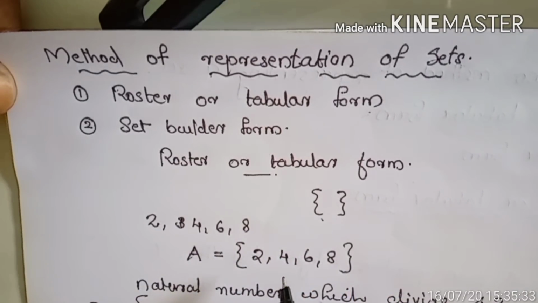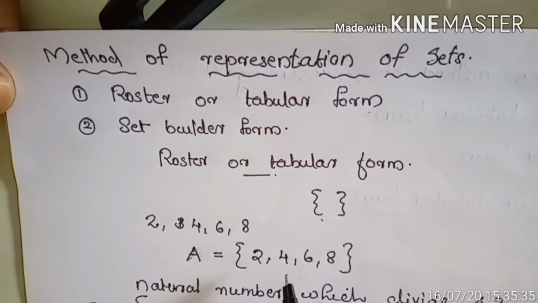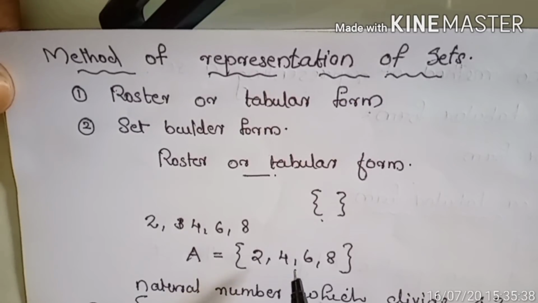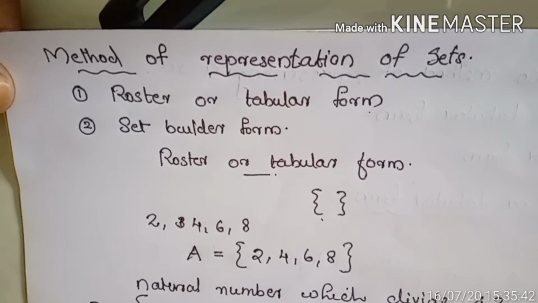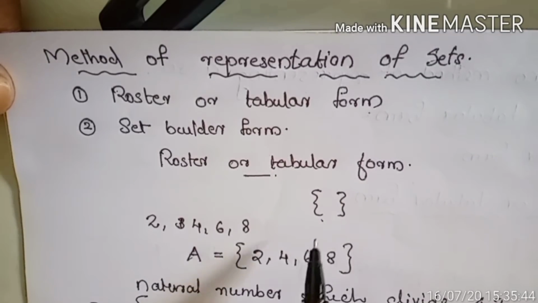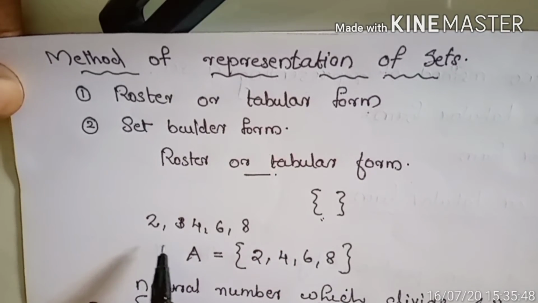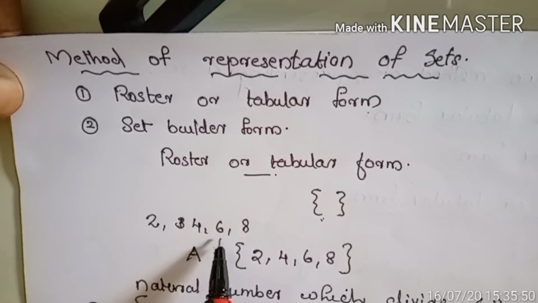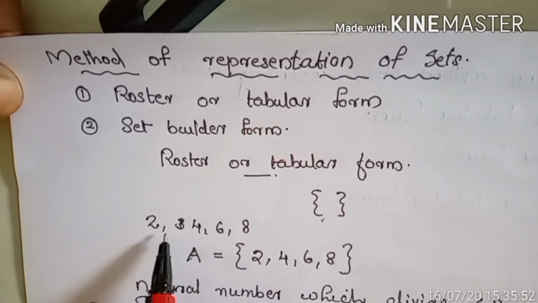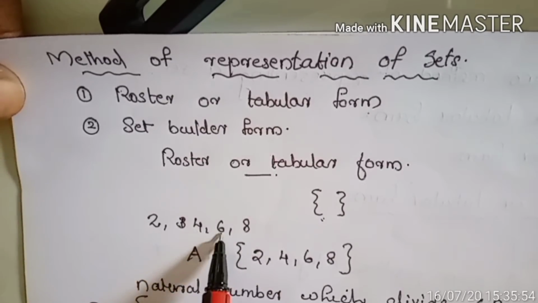One more time. In this type of representation, all the elements of a set are listed. The elements are separated by commas and are enclosed within curly brackets. One example: the set of all positive even numbers less than 10. Which are they? 2, 4, 6, 8.